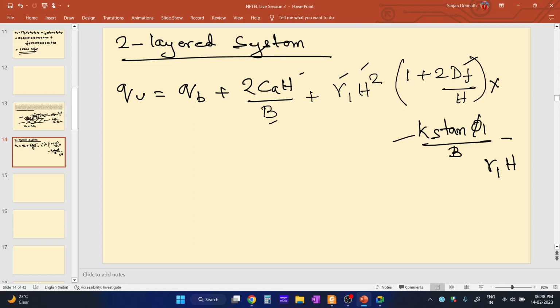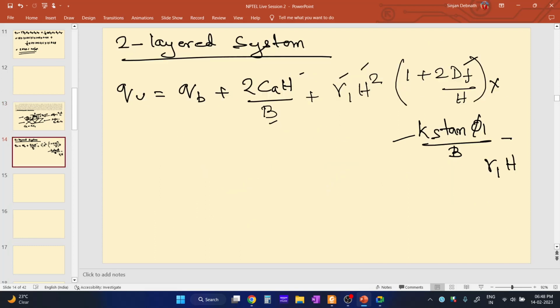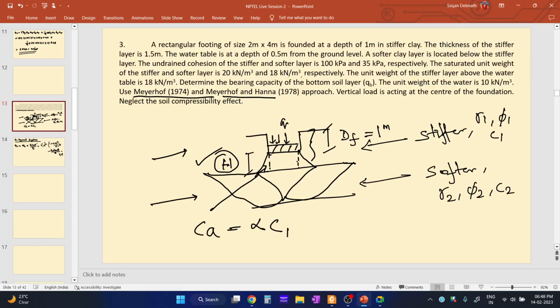Ks is the punching shear coefficient. There are curves from which you can find Ks. The value of Ks depends upon the bearing capacity ratios of the top layer and the second layer.